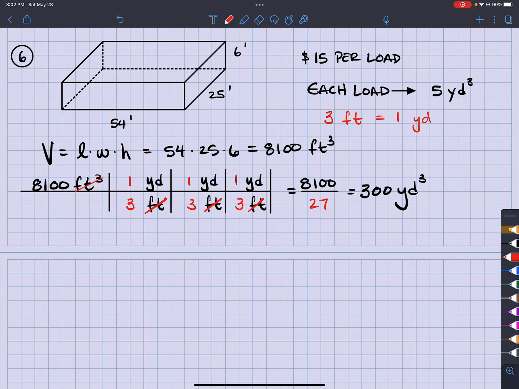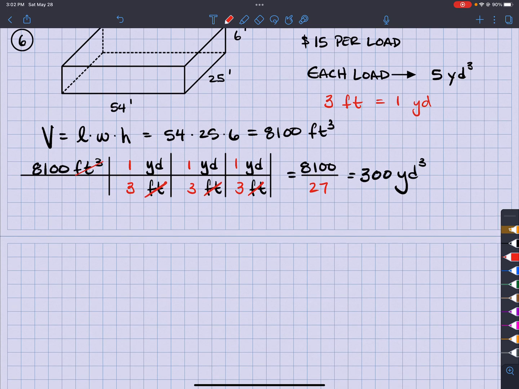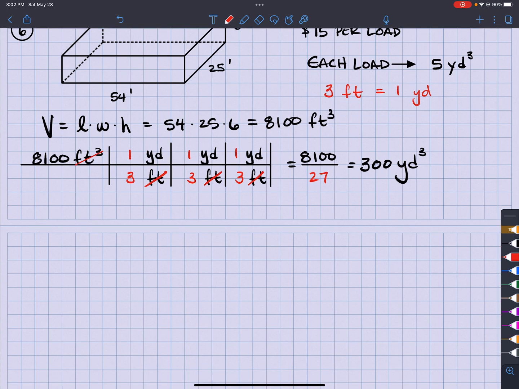Well, what we would need to know is how many loads 300 would give me if each load is 5 yards. Right? Let's see here. Yep. All right. So if each load is 5 yards, well, actually, you know what we can do? We can make another table here.